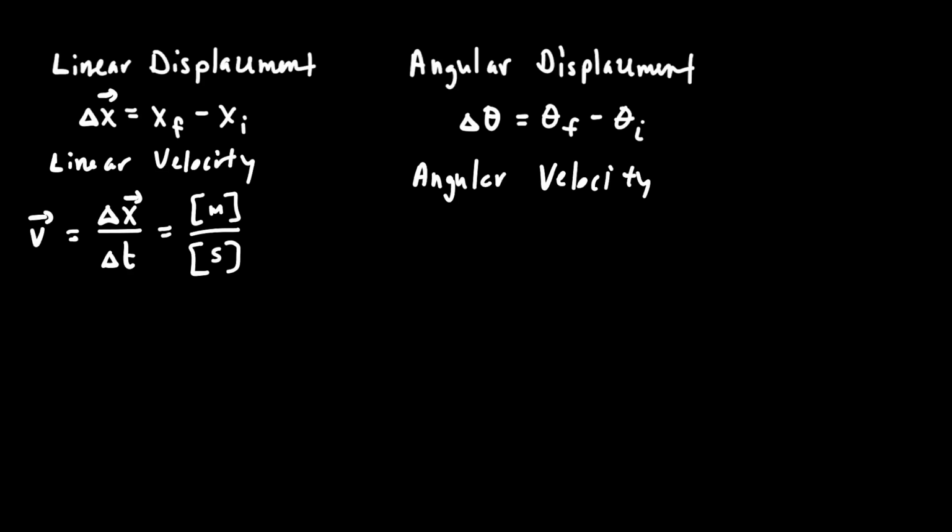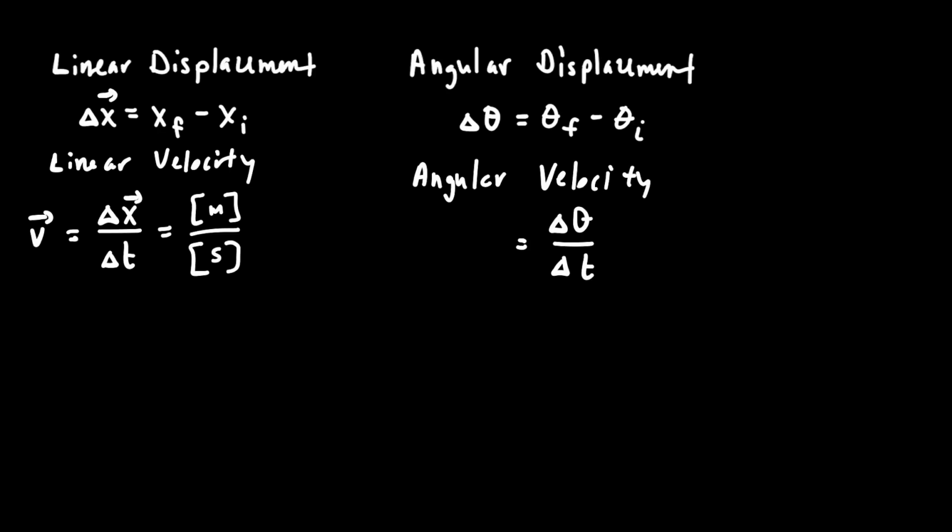And so the angular velocity is going to be defined not by a change in x position or y position, but by a change in angle. And so the equation is very similar. We have delta theta divided by delta t. How quickly does the object move through a certain angle, delta theta?